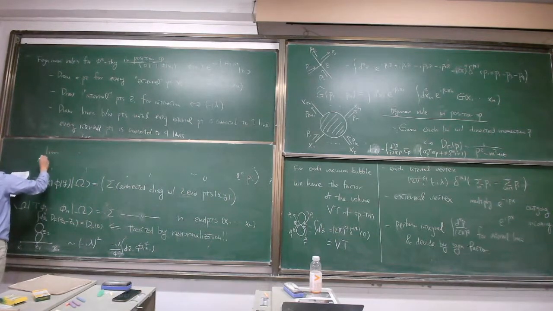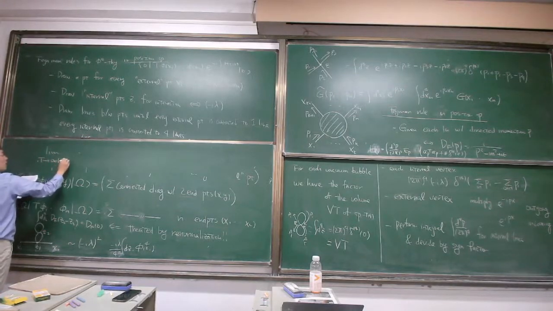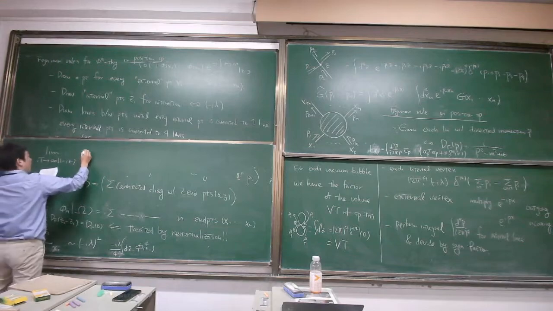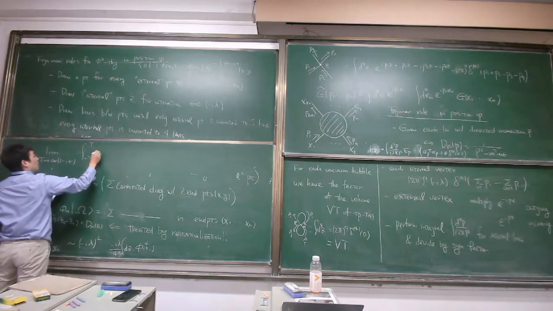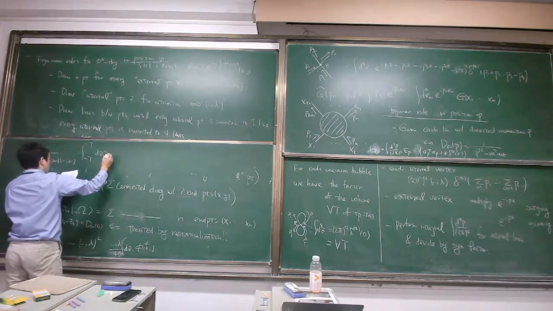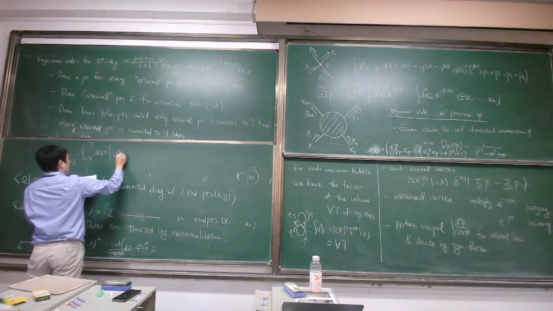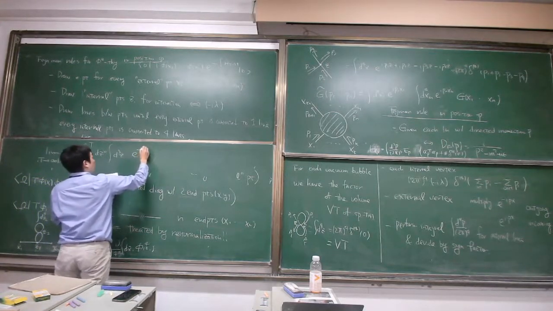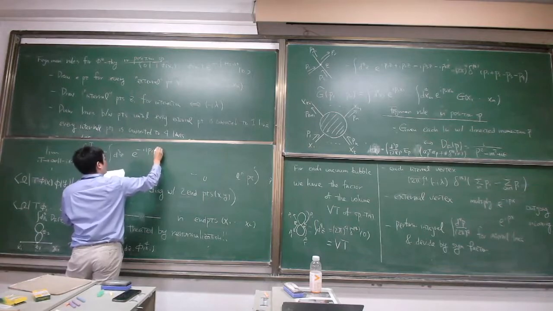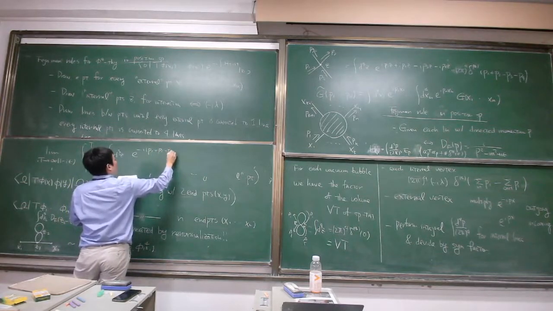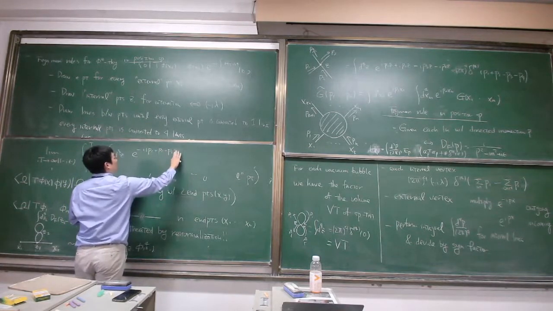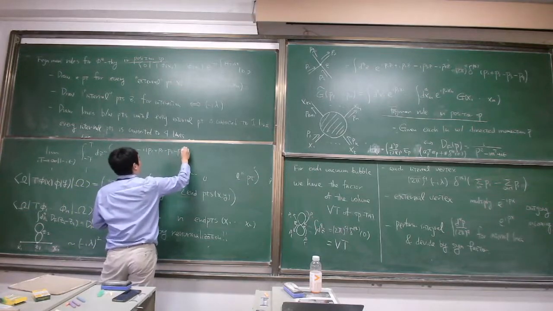Strictly speaking, we take t going to infinity times (1 minus iε), the integral from minus t to t of dz0, and the space integral, with e to the i(p1 plus p2 minus p3 minus p4) z.